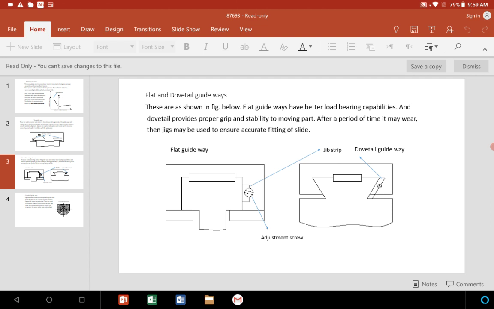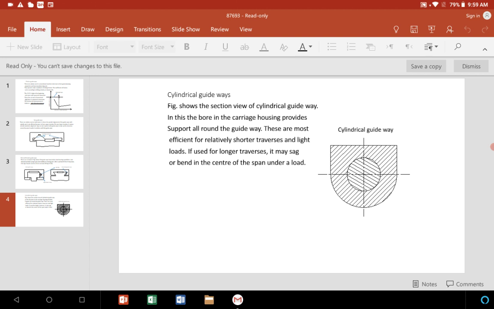And another type, as I said, is for round jobs or circular type of jobs where rotary movement will be there. In such cases, this type of cylindrical guideway is used. The view shown here is the section view of the cylindrical guideway.